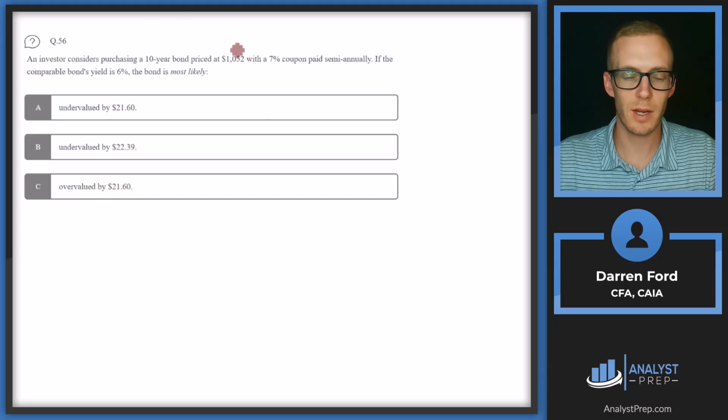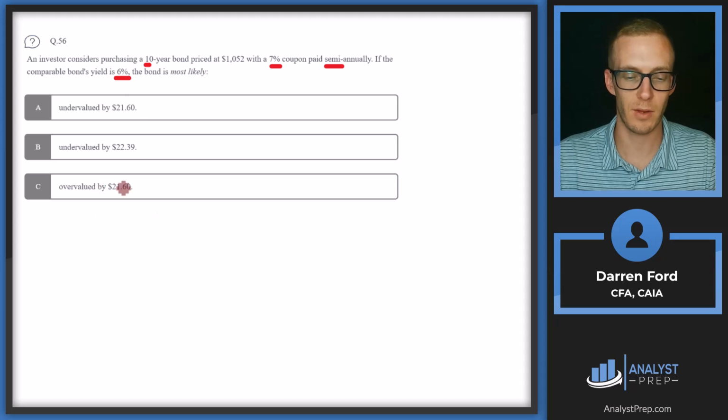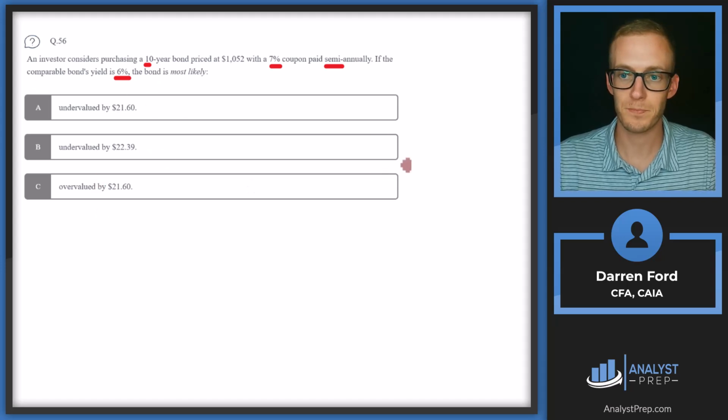So what we're going to do here is take all this information, so 10-year bond, 7% coupon twice per year, and then yield of 6%, and we'll plug all of this into our calculator, and then we're going to calculate present value and then compare that to our bond priced at $1,052, and that'll tell us whether we're over or undervalued by one of these amounts.